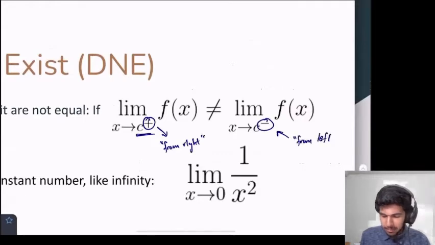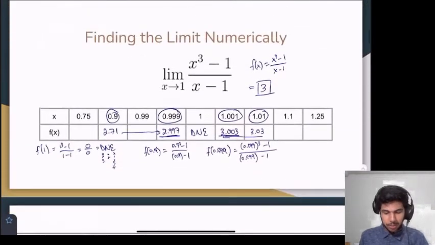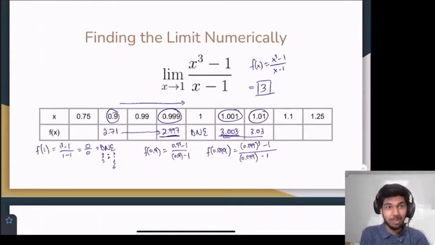So what does that mean? Well, if we look back at the example that we did, where we evaluated this expression numerically, we came from both sides. We came from the left towards 1, starting from the left, lower values are to the left of 1 on a number line, and that evaluated to 3. And as we came from the right, higher values are to the right on the number line.